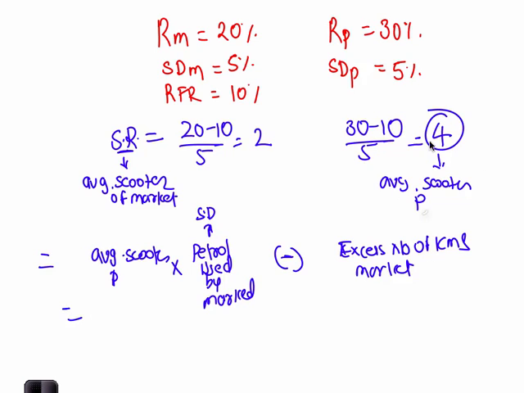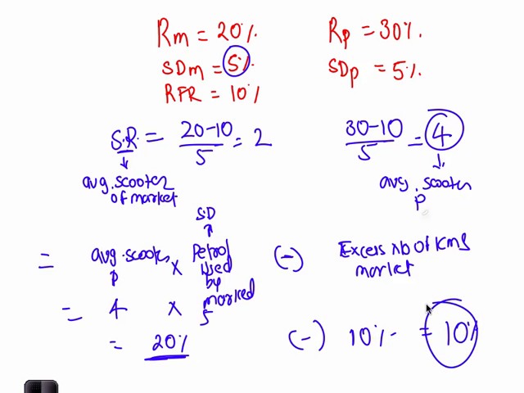So average of scooter P is 4. That means per liter our portfolio gets us 4 returns. Market has used how much risk? 5. So ideally markets should have run how much? 20. But after RFR, markets have been able to earn only 10%. So your M squared ratio is 10%.